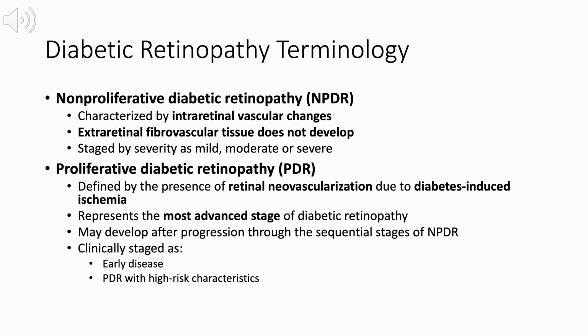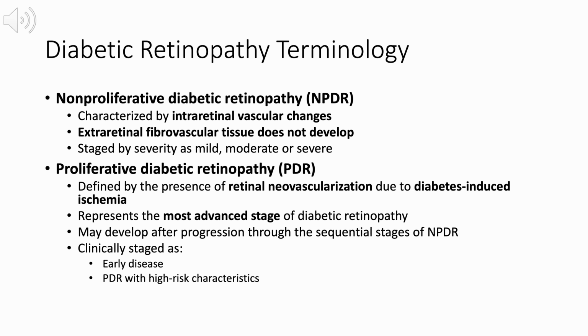Before we discuss any epidemiology or pathophysiology, we need a shared vocabulary because the entire framework of diabetic retinopathy rests on one dividing line. That line is whether or not new blood vessels have grown beyond the retina.